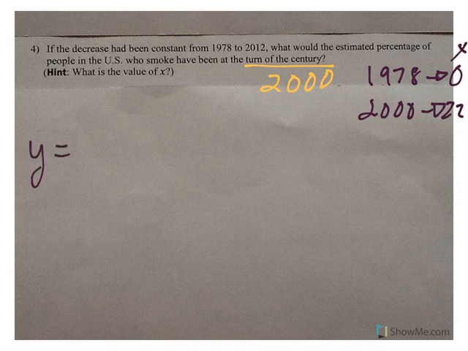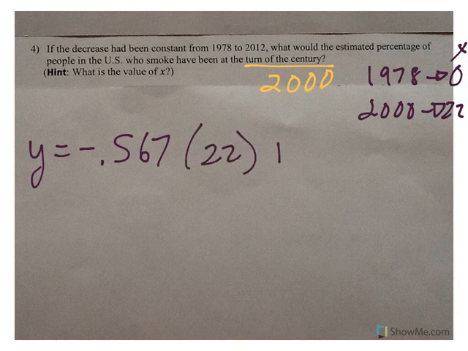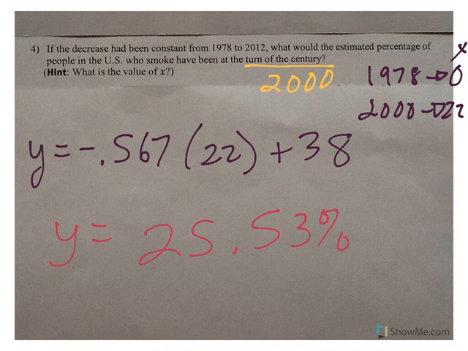So I use my equation, negative 0.567 times 22 plus 38. When I plug that into my calculator and round, I get 25.53%. So roughly, at the year 2000, we would say there's 25.5% of people smoking.